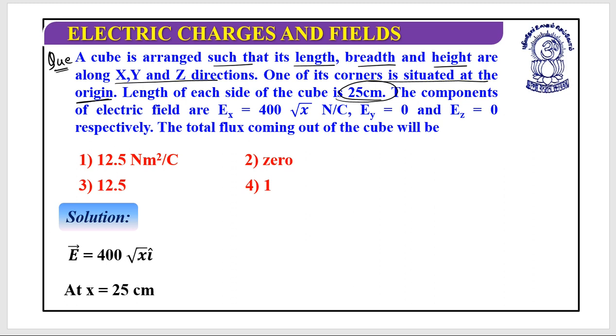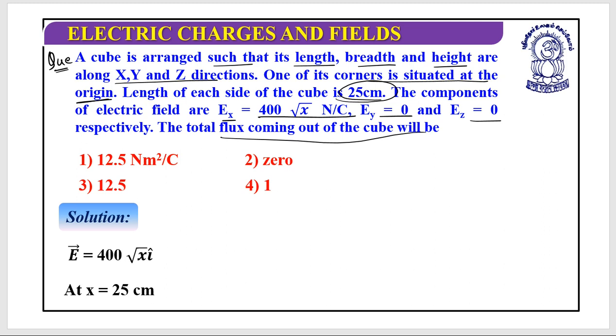The components of the electric field are different in different directions. Ex, the electric field in the x direction, is 400 root x newton per coulomb. Ey is 0, Ez is 0 respectively. You need to find the total flux coming out of the cube.